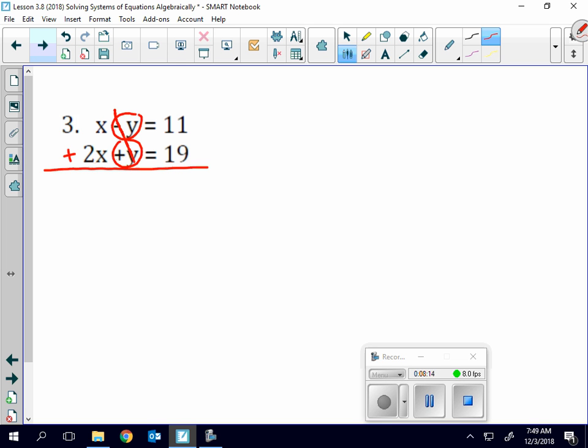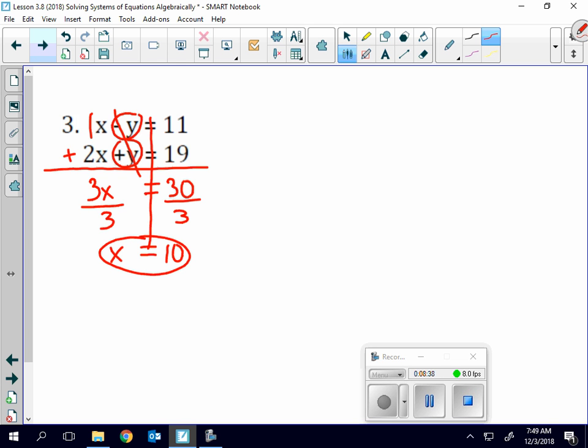So they cancel out. So now if I'm adding down, this is a 1x plus 2x is 3x. I have my equal sign here. 11 plus 19 is 30. This one comes out nice and even because when I divide by 3 to get x by itself, x will equal 10.